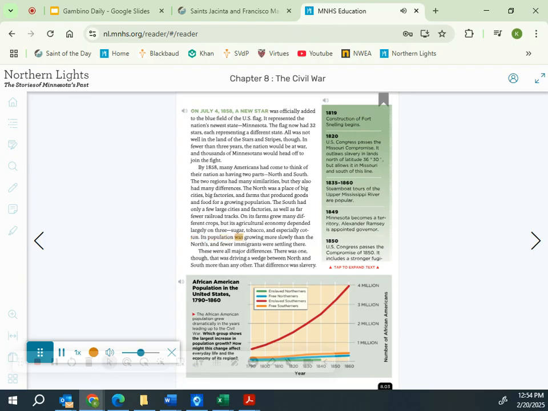Its population was growing more slowly than the North's, and fewer immigrants were settling there. These were all major differences. There was one, though, that was driving a wedge between North and South more than any other. That difference was slavery.